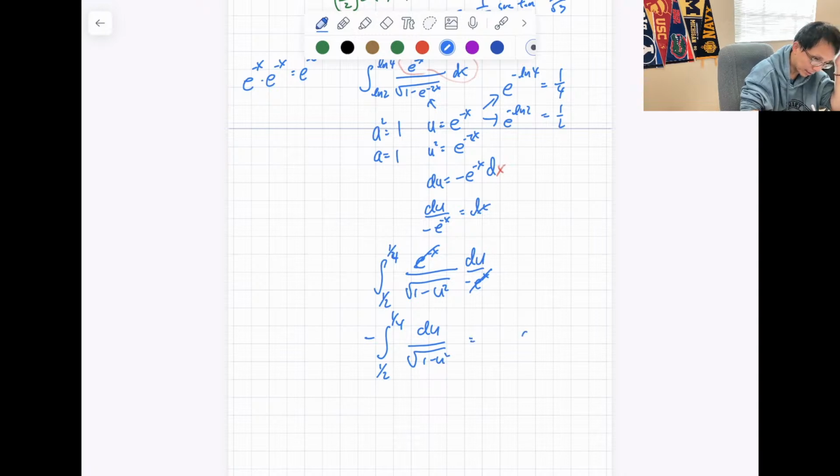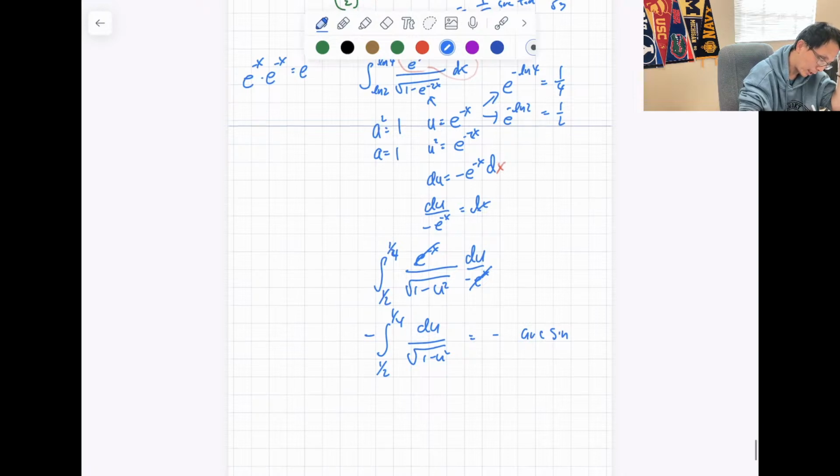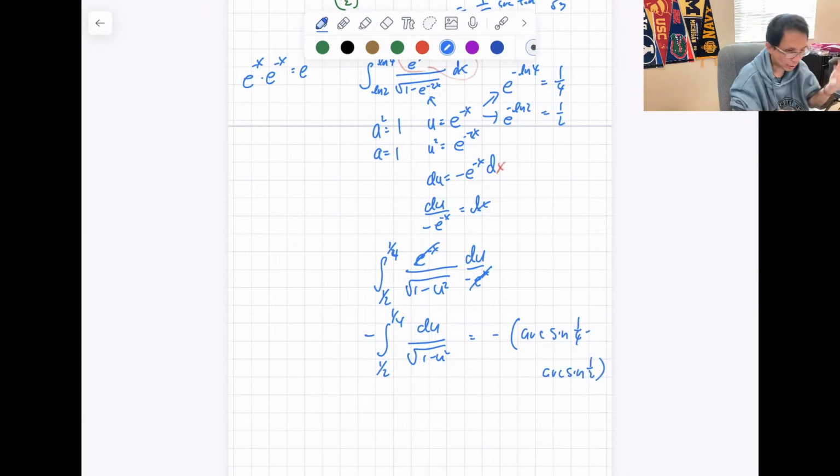So that is gonna be negative arcsine of 1/4 plus arcsine of 1/2, since it's u over a. And there's no way for you to know arcsine of 1/2, so you can change it to arcsine of 1/2 minus arcsine of 1/4.